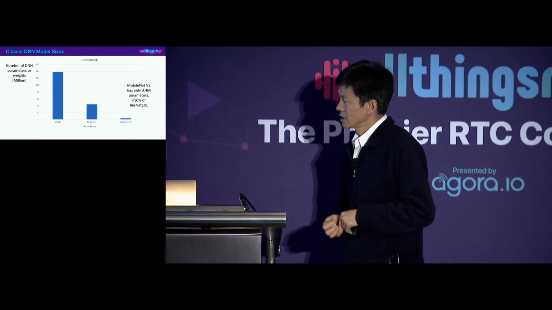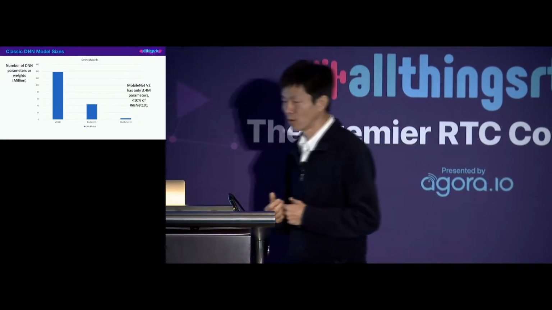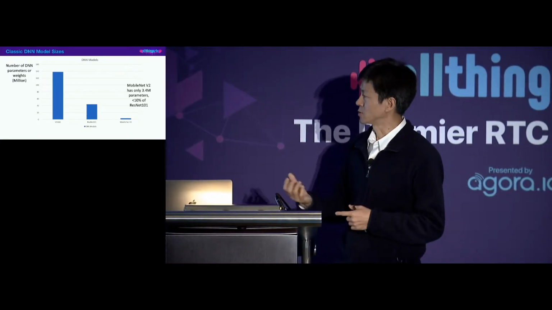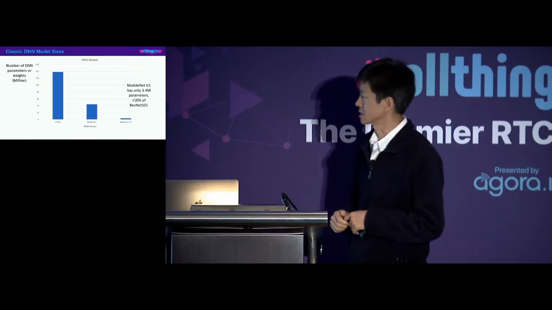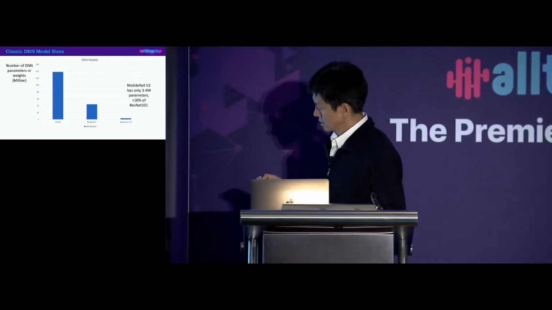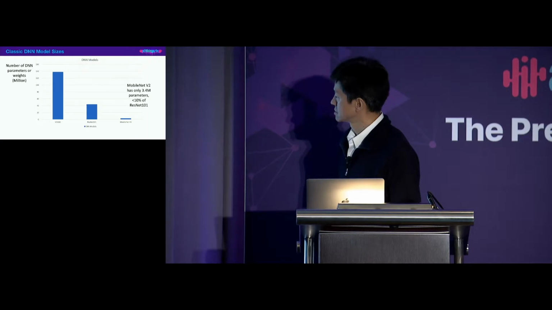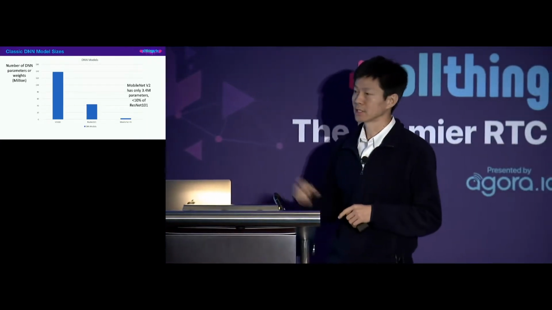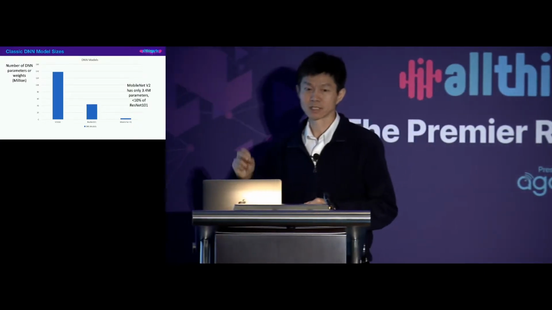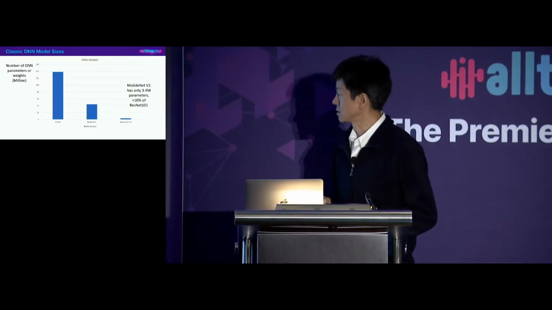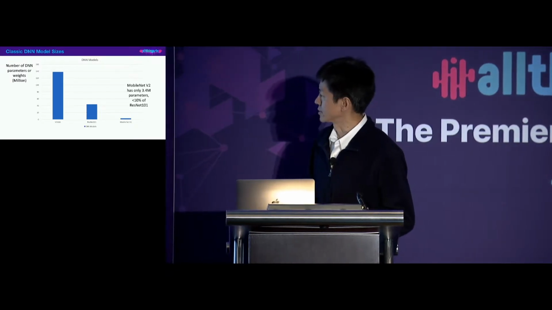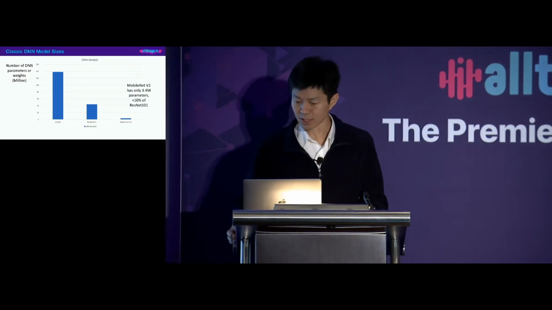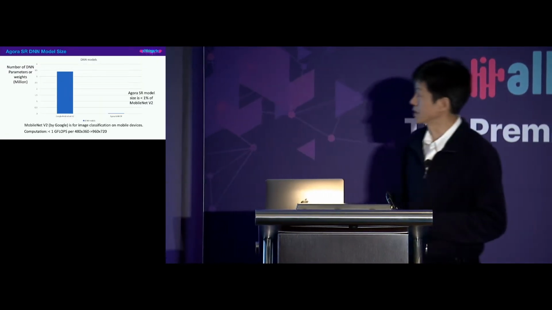MobileNet version 2 is a small model which is used to recognize objects for object classification on mobile devices. And it's less than 10% of ResNet 101 in the number of parameters. This is one of the metrics to measure the complexity or size of the model. So 3.4 million parameters in MobileNet version 2, and it's usually used as a benchmark in the literature.